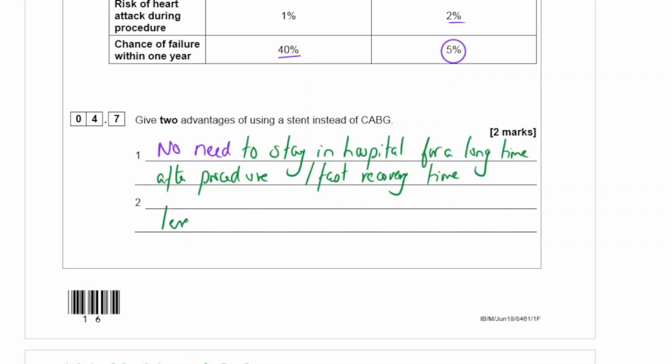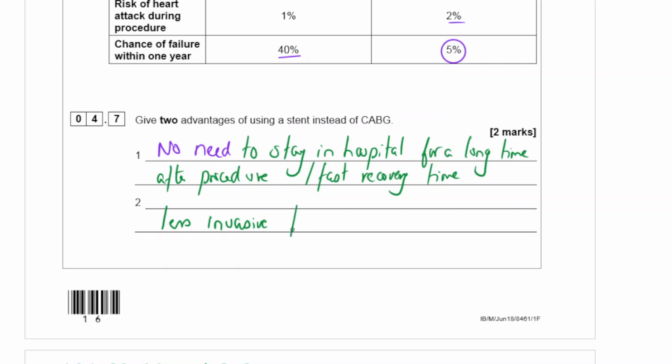It's less invasive. You're not opening up the entire chest. You're only making a small cut, about a centimeter or two, usually on the side of your chest. If that person has too much fat around the chest, then they would go through the arm. So less invasive.